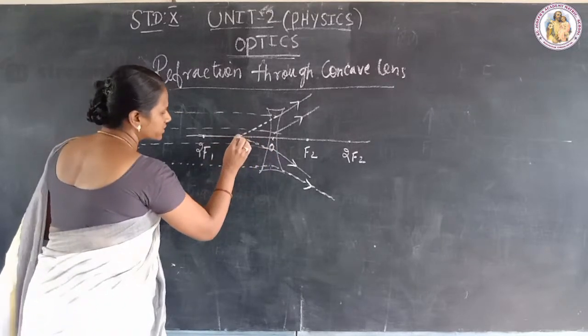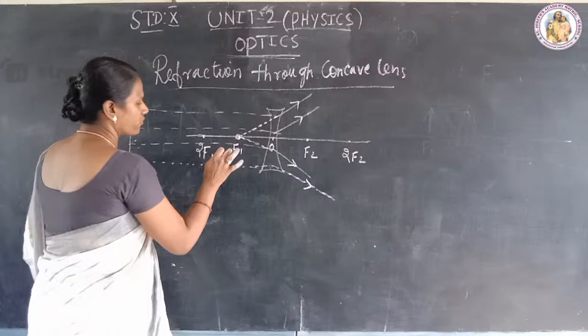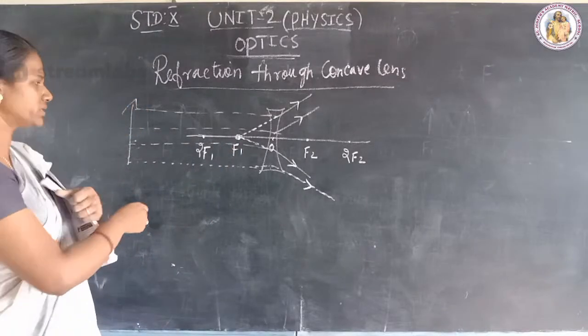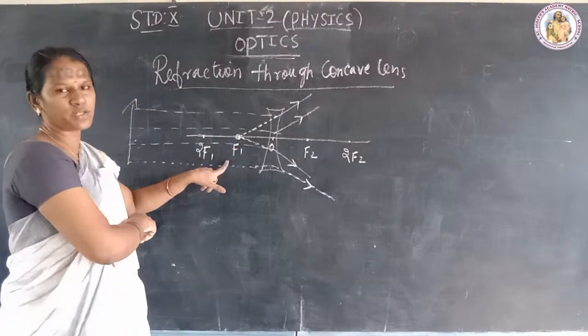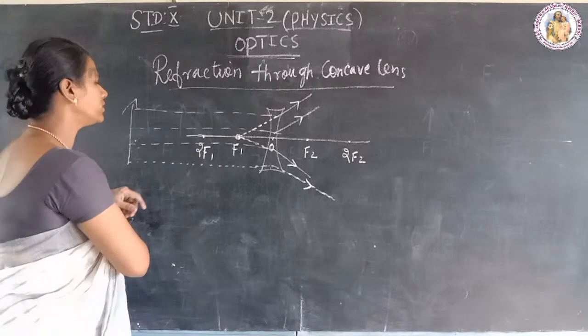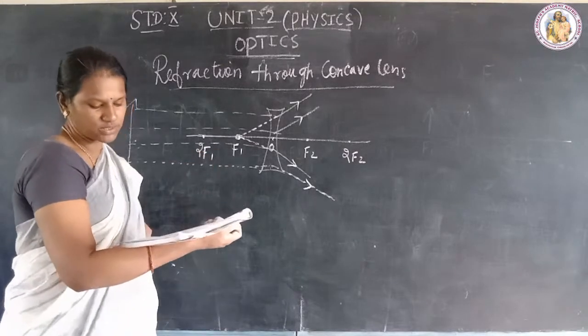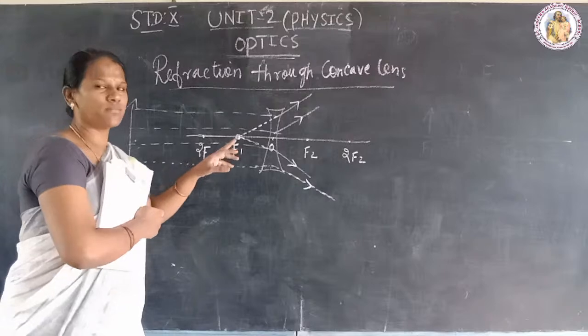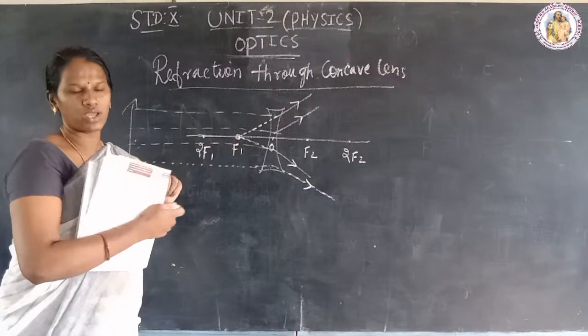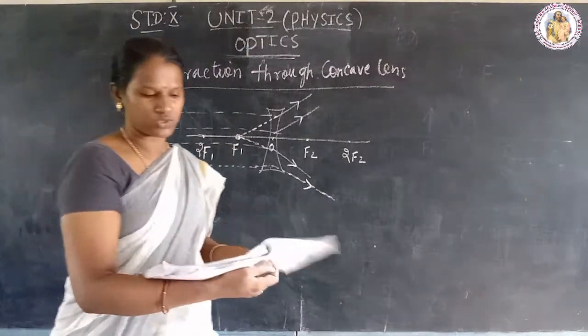So we see the image at F, the principal focus. The size of the image is much smaller than the object.